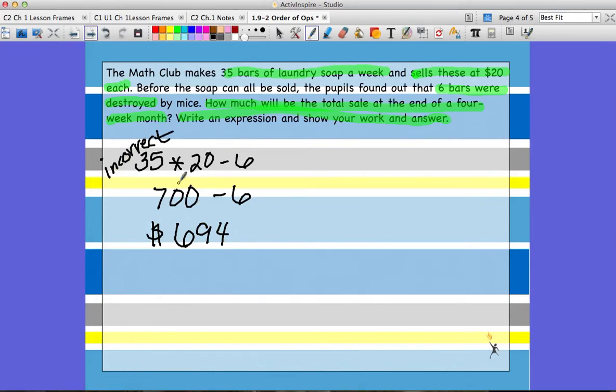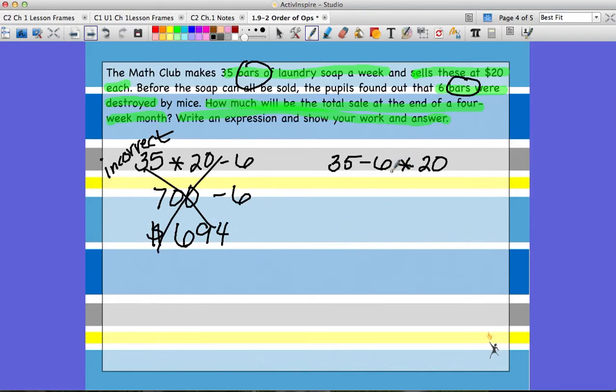So you do not have to write all this down. But what I want you to remember is since it's bars and bars, we have to take the 6 away from the 35. So we have to put those together. And then yes, we would multiply that by the $20 that we sold them for. However, if you're looking at this problem, what would we have to do first according to the order of operations?